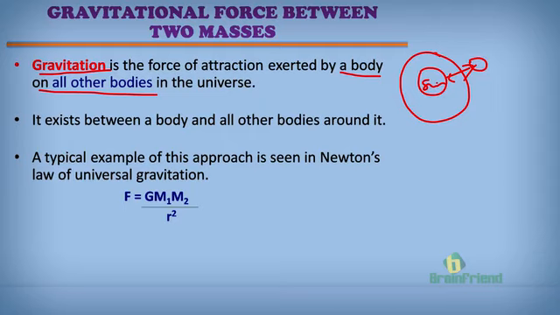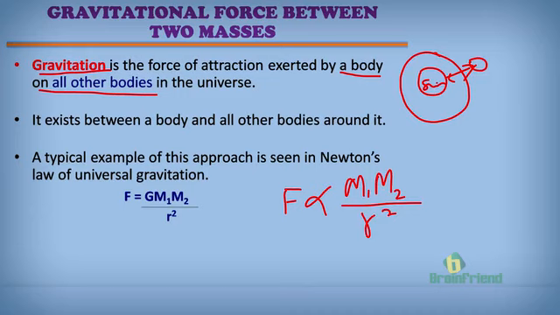A typical example is seen in Newton's law of universal gravitation, which we stated earlier: the force of attraction is directly proportional to the product of the masses of the bodies and inversely proportional to the square of the distance between them. Mathematically, the force is proportional to m1 m2 over r squared, where m1 represents the mass of one of the bodies, m2 is the mass of the second, and r is the distance between them.